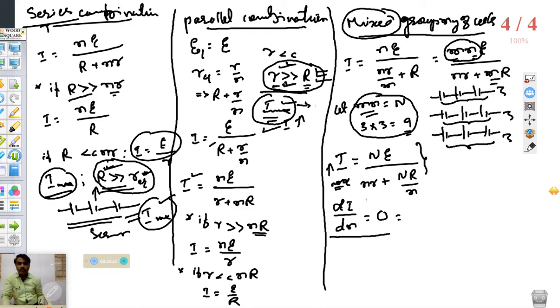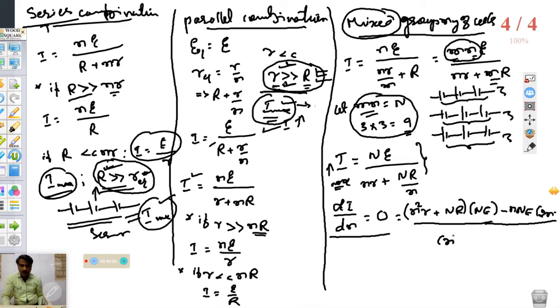Now if we differentiate this equation, we get n square R plus N times r, multiplied by n into E, then minus n into E into 2 times nr divided by the whole square of n square R plus N into r.